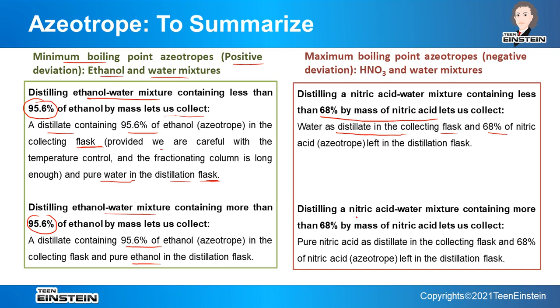And if we are starting with a nitric acid water mixture where the amount of nitric acid is greater than 68%, in that case in the distillate there will be pure nitric acid, and in the distillation flask, that is the flask from where we have started the distillation process, we will be left with the azeotropic mixture.